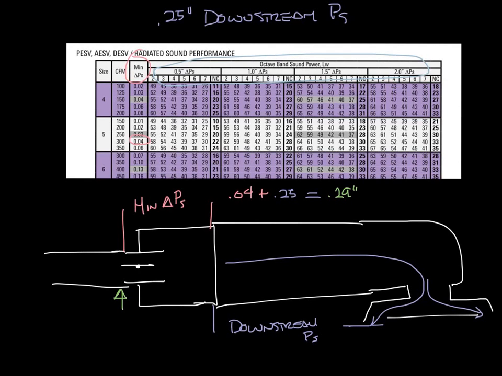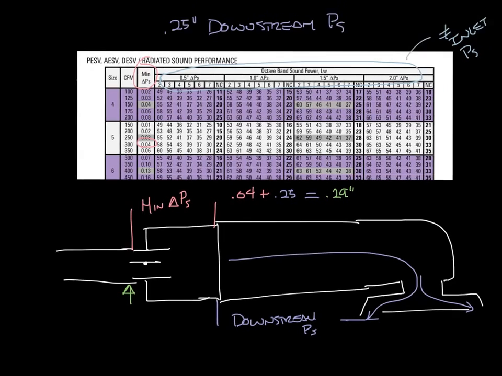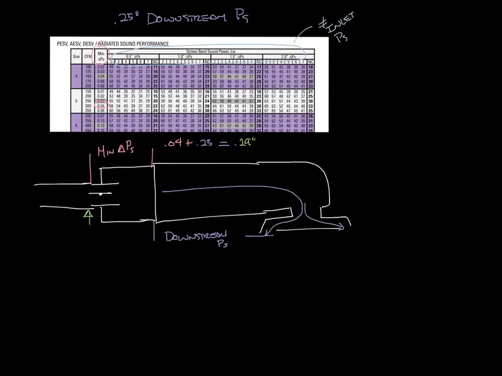Now up here on the sound data you see shown 0.5 inch, 1 inch, 1.5, and 2 inch delta P. This has to do with the inlet pressure, but it is not equal to the inlet pressure. Let me make a little bit more room here. Sometimes in this sound data table you will see a 1/2 inch, 1 inch, 1.5, and 2 inch inlet pressures.